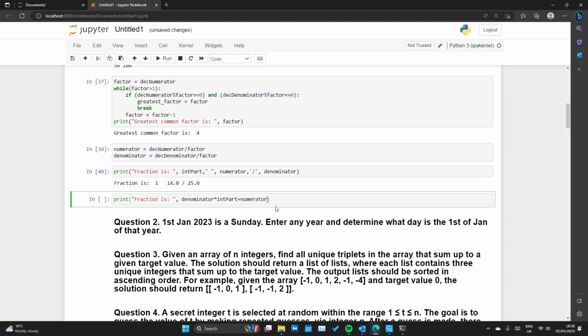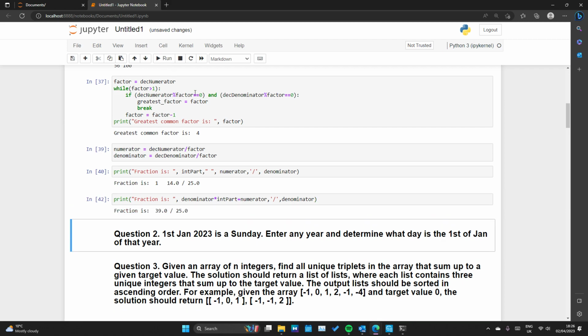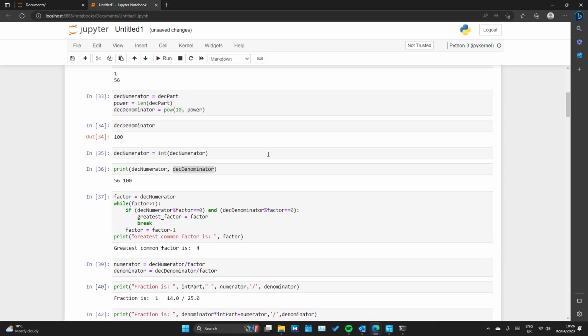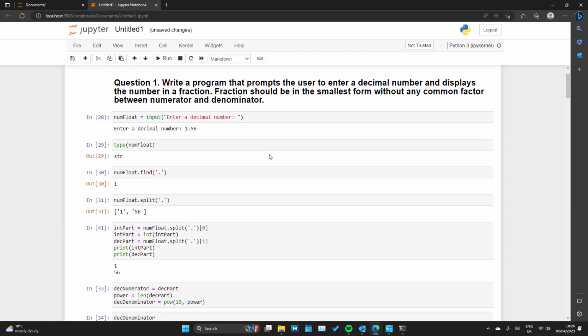So this is the new numerator, and then I can put a front slash, and then the denominator. Okay, so yeah, denominator here, and this should give us the fraction that we want. So fraction is 39/25. So now you can see that we have solved this problem.